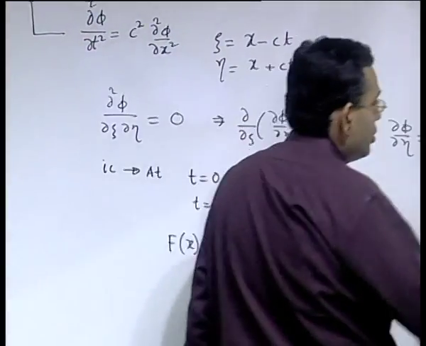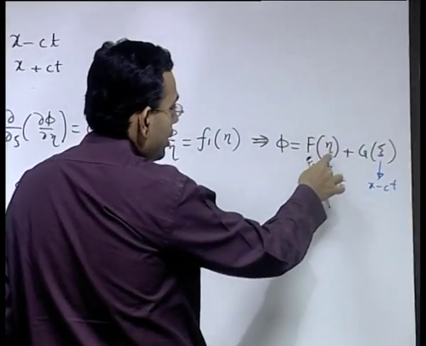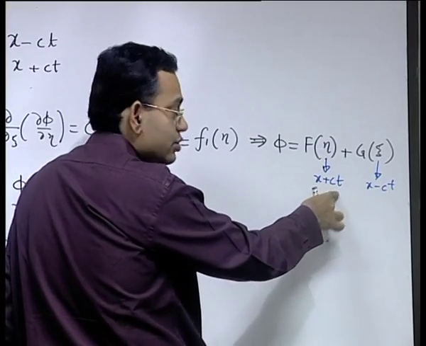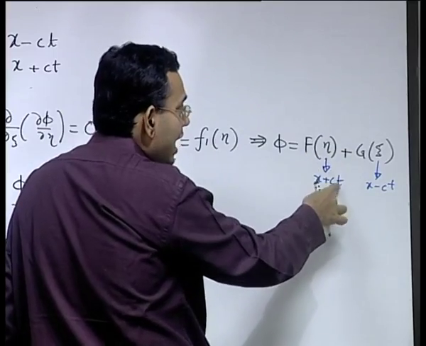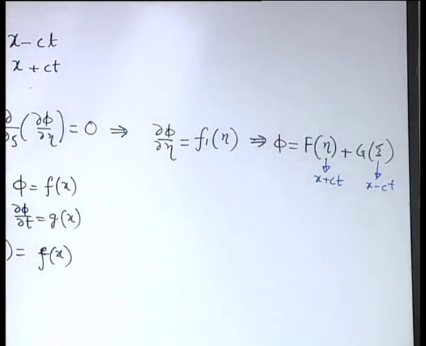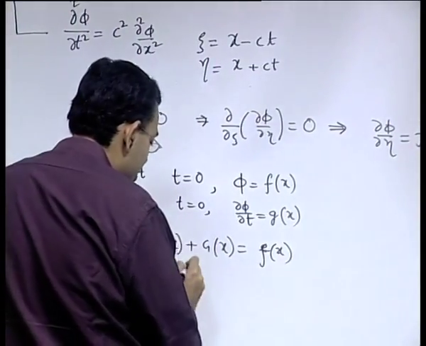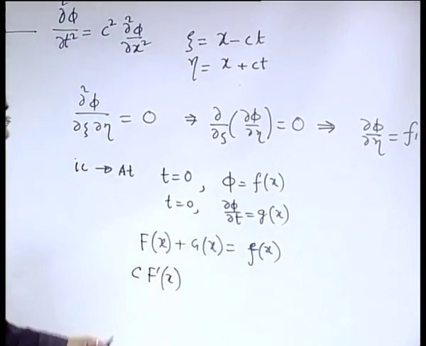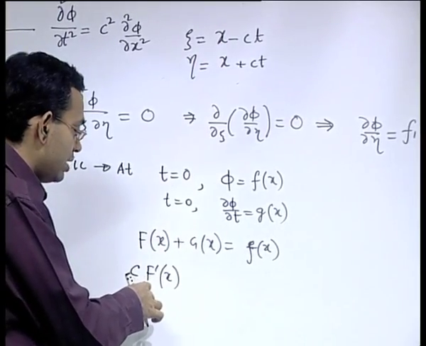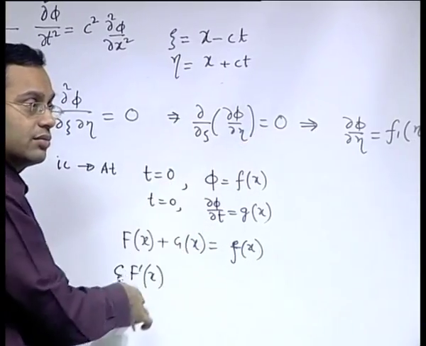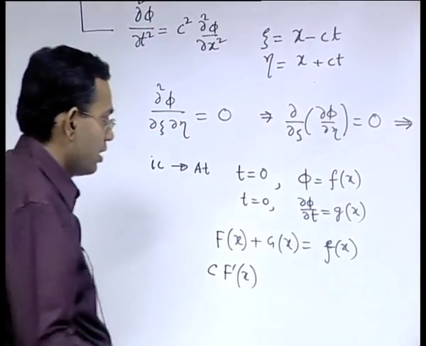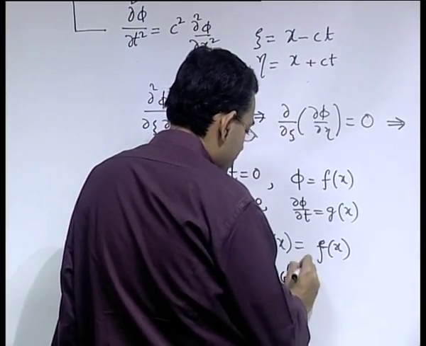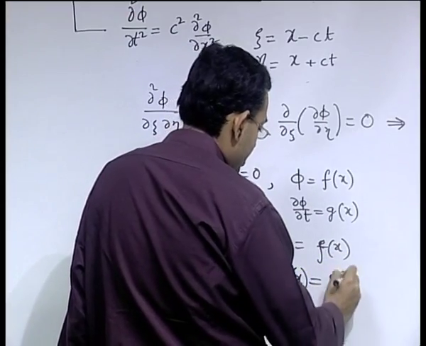So first you differentiate this with respect to eta, so dF d eta into del eta del t, so c into dF d eta at t equal to 0. So it will become c F dash x, because eta is x plus ct, so at t equal to 0 it will become x. Remember this derivative is with respect to the original argument, it is not with respect to x. Then minus c G dash x is equal to g(x).